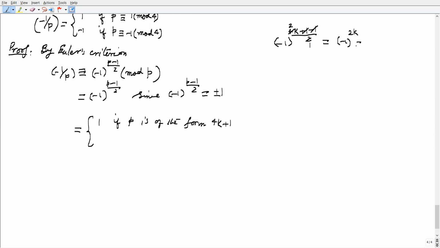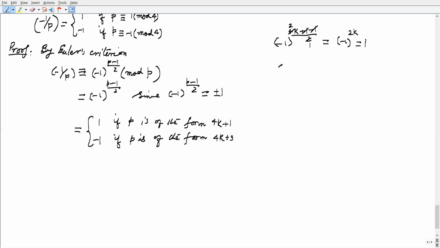So this is always plus 1. So if p is of the form 4k plus 1, then this is always 1, and -1 if p is of the form 4k minus 1 or 4k plus 3.